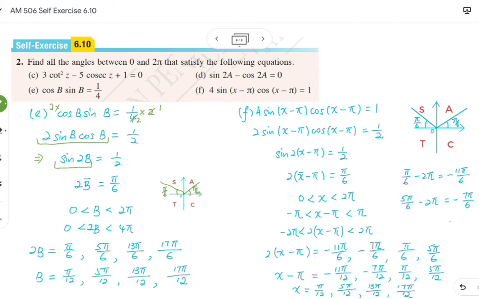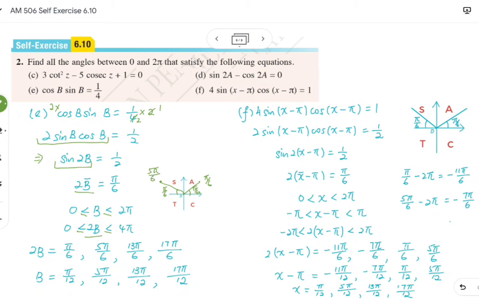So the next thing, because of the 2b, we need to check the domain for 2b. Our b is from 0 to 2 pi. Therefore, 2b is from 0 to 4 pi. There we get 2b equals pi over 6, and then pi minus pi over 6, which is 5 pi over 6.